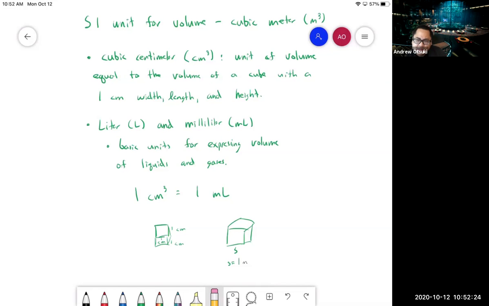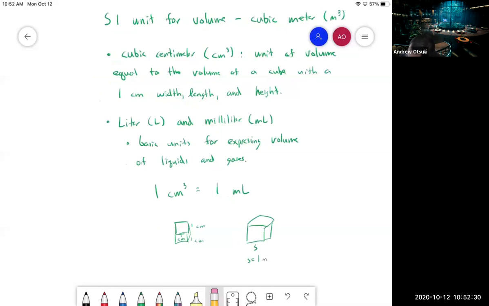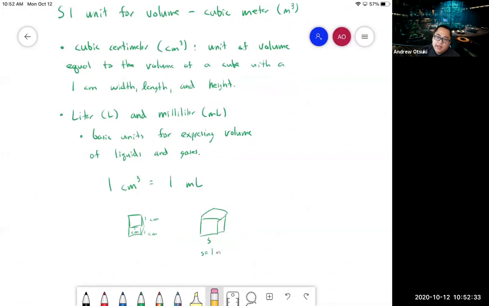So yeah, it should be 1 liter, right? But anyway, I'm getting conflicting answers when I Google it, so I wouldn't worry about that one too much. But I still stand by that.